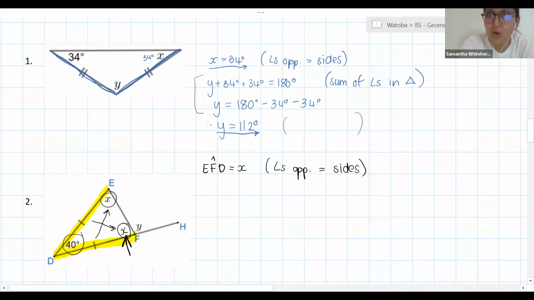And now we can use your angles in a triangle, because now we can say x plus x plus 40 is equal to 180 because of sum of angles in a triangle. Yeah. Well done. And so guys, we just always need to remember that we need to have all three angles in our triangle when we do sum of angles in a triangle. So Tato, do you want to try and solve the rest of this equation for us? Yes, ma'am.